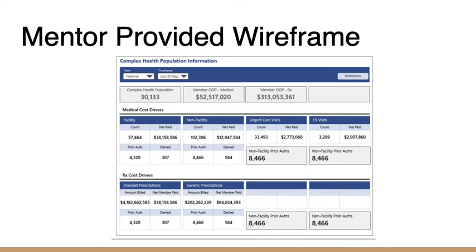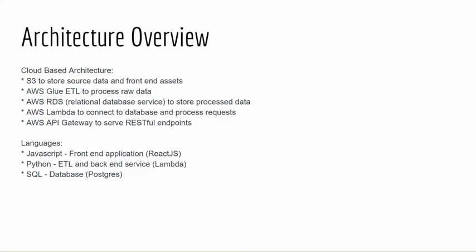Thank you, Dhruv. We chose a cloud-based architecture to support scalability and easy integration. S3 storage is used to store static resources like uploaded data files and front-end resources. The uploaded data files should be imported to the application database using the AWS Glue ETL service. AWS RDS will be used to host the application database, which is going to be Postgres.